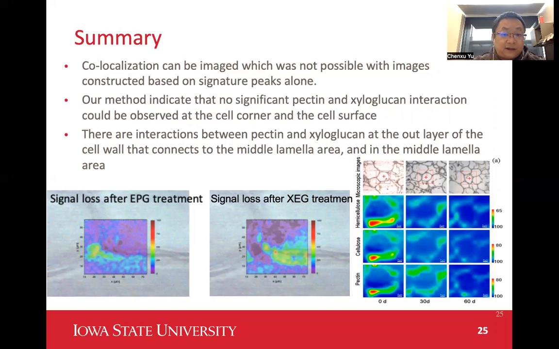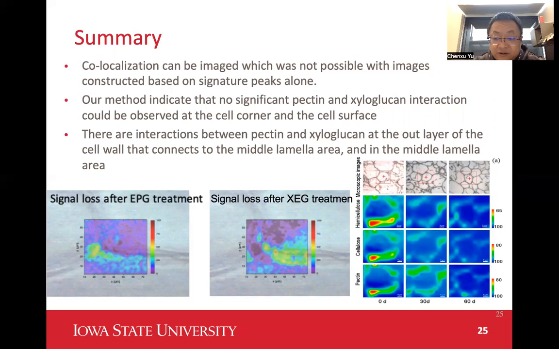Then our results indicate there's no significant pectin and xyloglucan interaction at the cell surface and at the corner, but the colocalization mostly occurred in the areas that connect to the middle lamella area and in the middle lamella area.